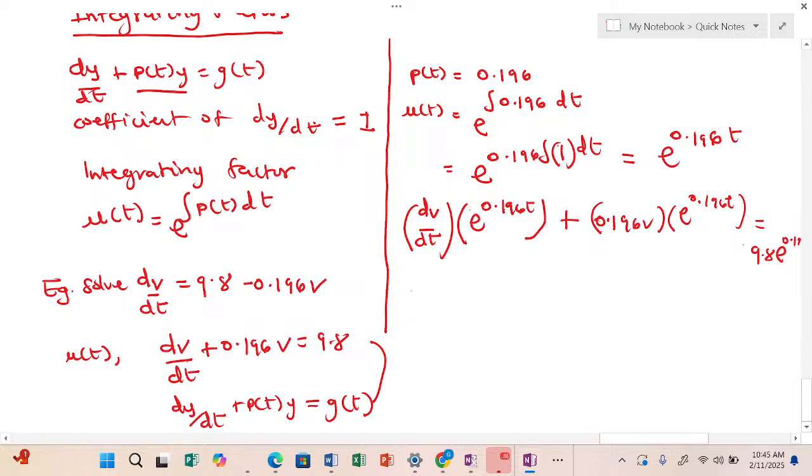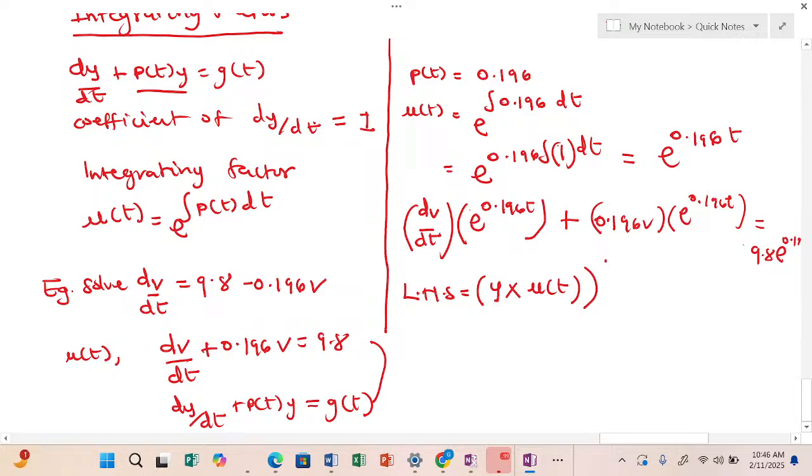After multiplying through, you get to a point where your left hand side becomes the product of your dependent variable, that is y, times your mu of t, all prime.